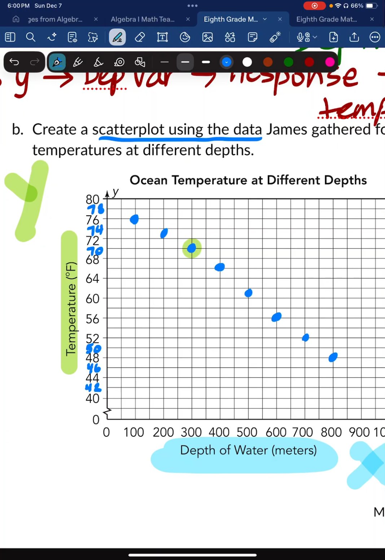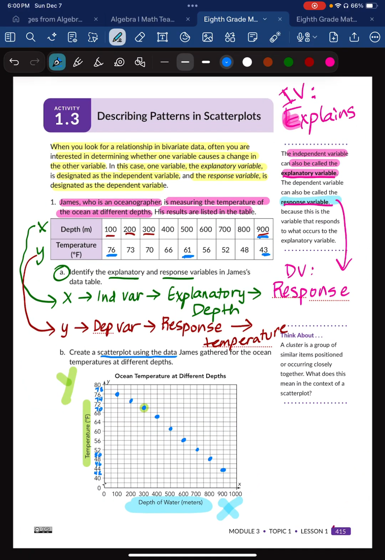And 900 is 43. Okay, so there's our scatter plot. We've got all of that done, and we have it on our graph the way it should be.